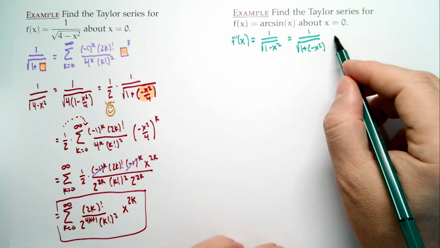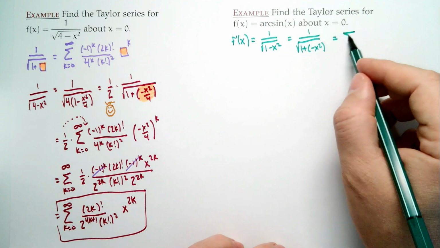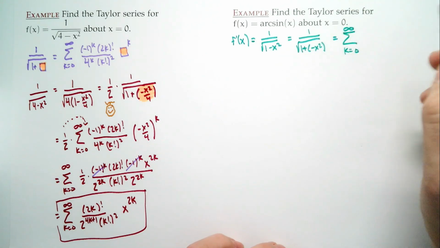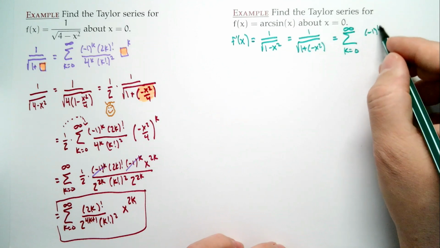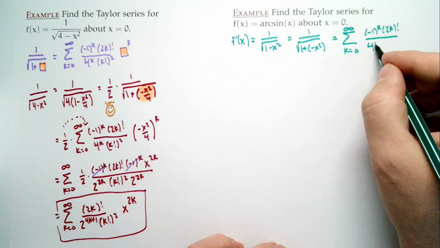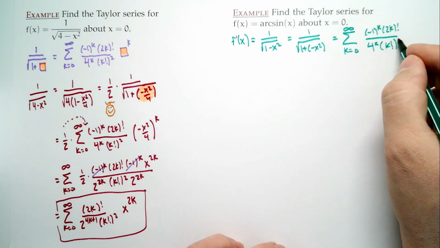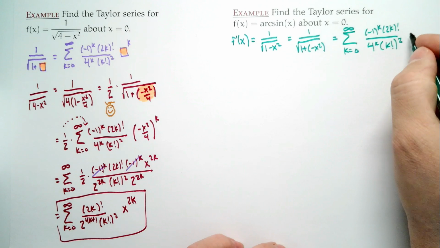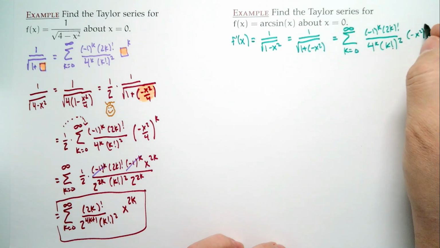So the derivative, that's the summation from 0 to infinity of minus 1 to the k, 2k factorial, divided by 4 to the k, k factorial squared, and then the thing that goes into our mold is minus x squared to the k power.